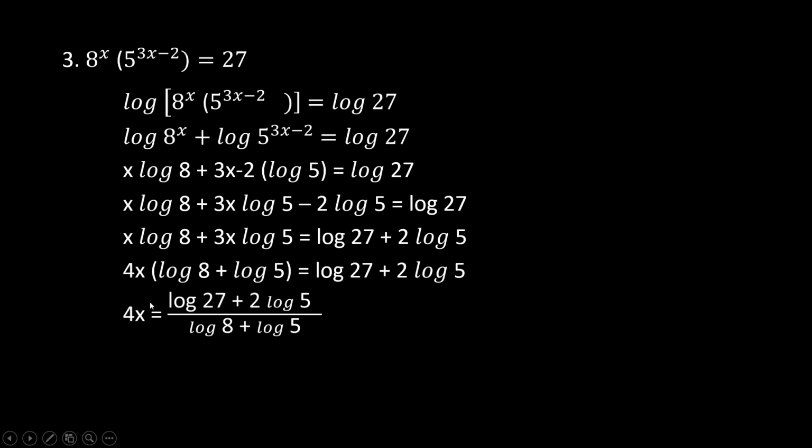So in this equation, it is obvious that we can get the value of x. So dividing both sides by log of 8 plus log of 5, then we can arrive to this answer, which is x is equal to 0.44 or 0.442.